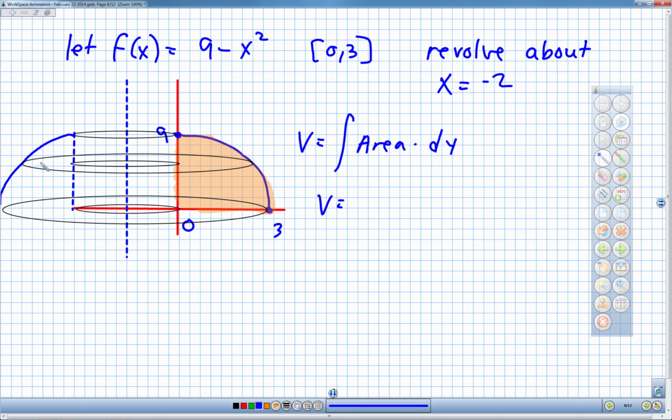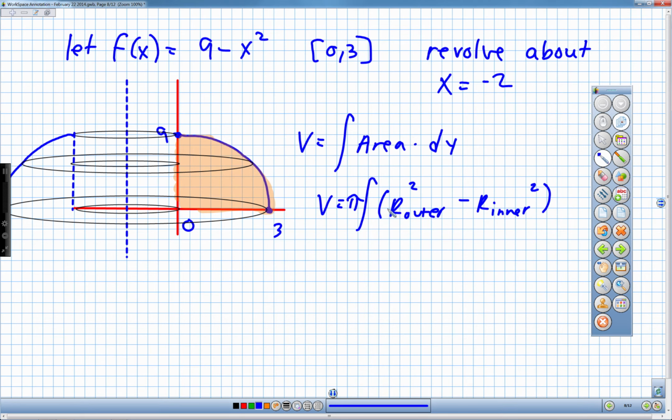The volume is still going to be the area of that cross section, which is a washer, so it's the integral of r outer squared minus r inner squared, dy.